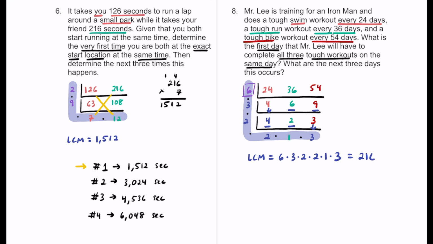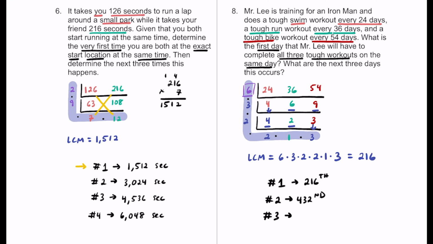So 216 should be the first time that Mr. Lee has to do all 3 of these tough workouts. So when's the first time? Time number 1 is going to be the 216th day. And then time number 2, if you double that, I think that's what, 432nd day. Then let's do the 3rd time this happens.